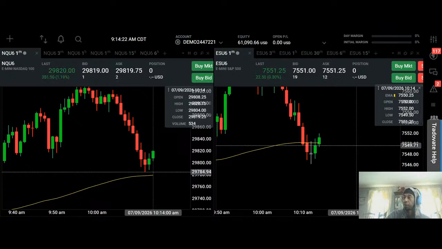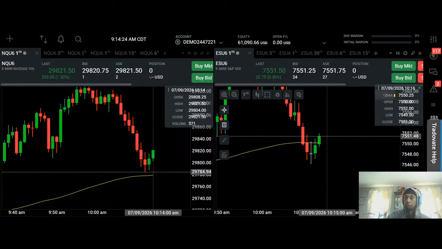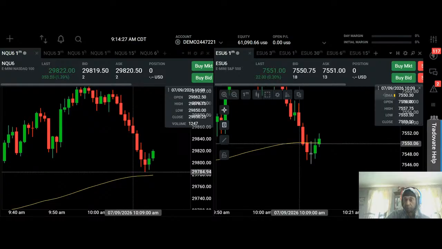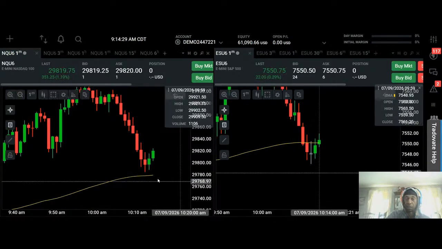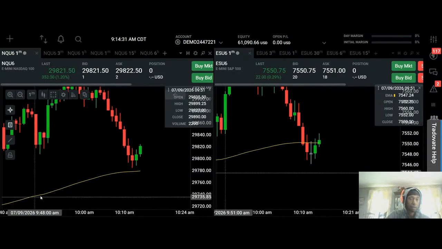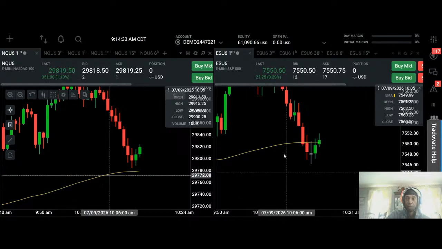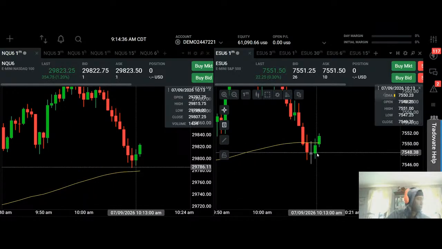to be left above this line right here. I'm not even looking at this moving average; I'm only looking at this one. It happens with every moving average.